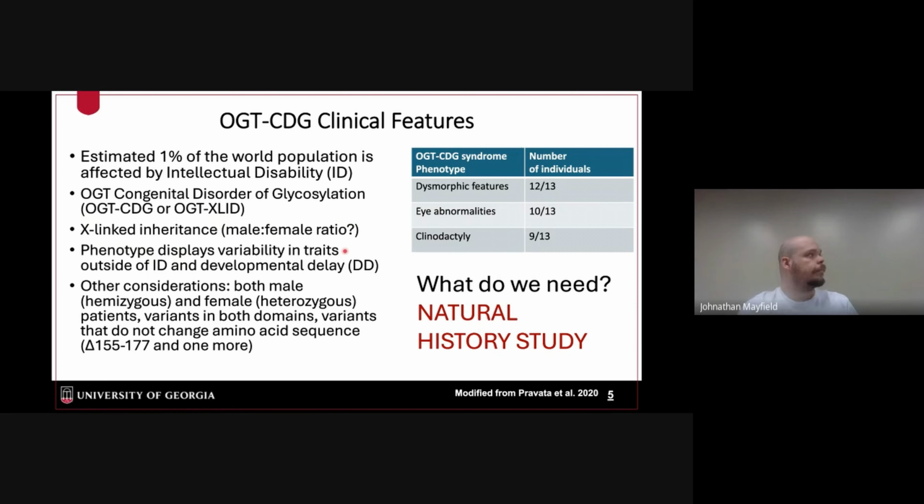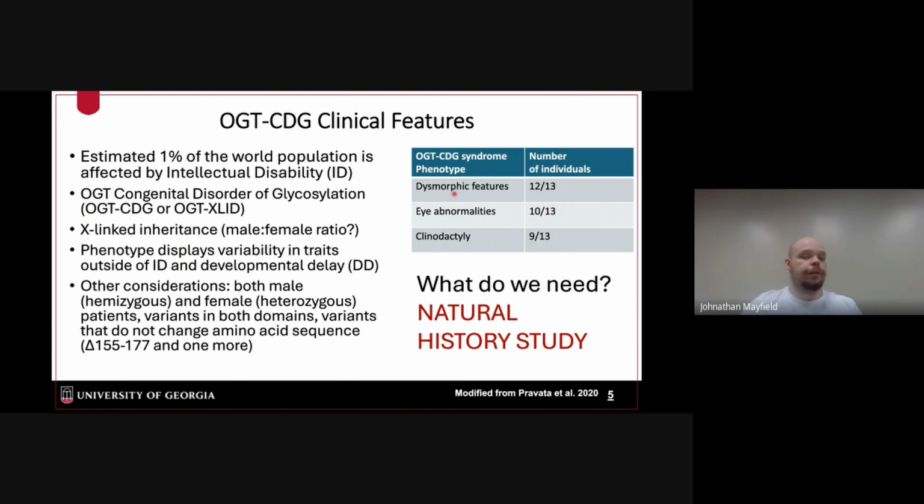But in patients, typically what you're going to see is that they're going to have the intellectual disability, which is typically, you're going to say, an IQ below 70 and/or limitations in adaptive functioning. So kind of doing those day-to-day activities, and then also developmental delays. There are also some other features that can show up but don't show up in every patient.